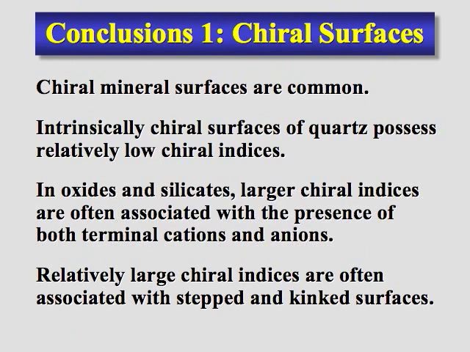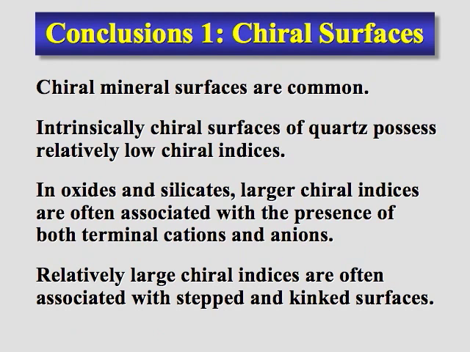Given that different surfaces of the same crystal have different chirality indices, what fraction of the surface area is like that one face? It could be a tiny little face that's really chiral. It's really going to depend on the rock and the rock's fabric, but in many cases, you're going to find that more than half of the surface that's exposed will be chiral.